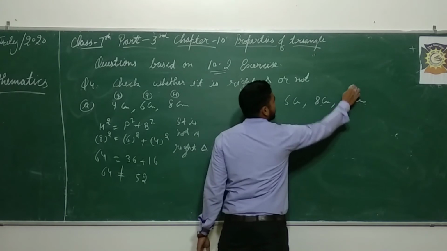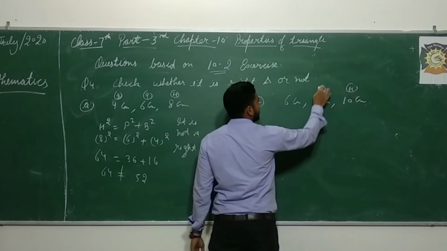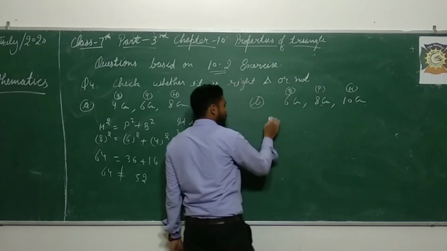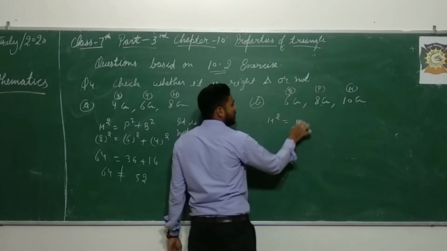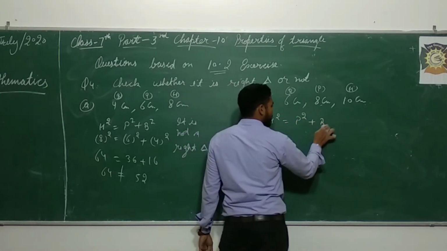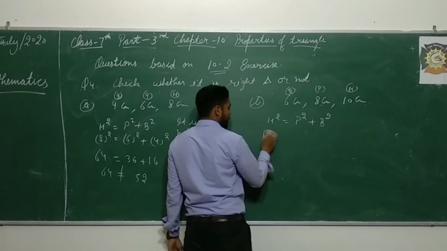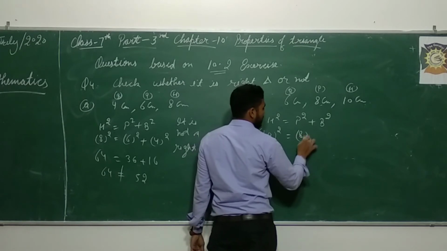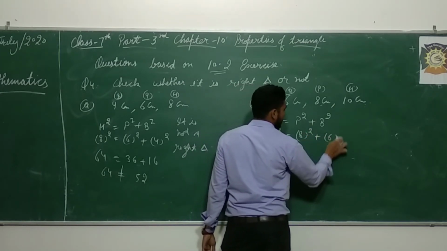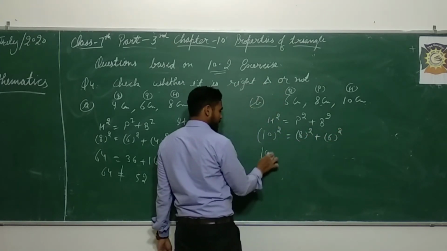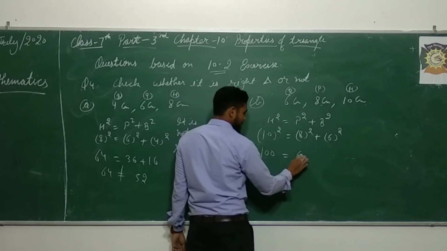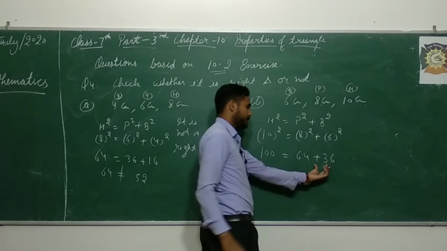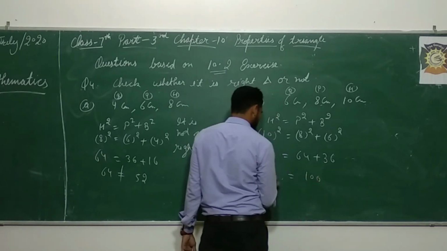Now check the second part. Here the greater side is 10. It means hypotenuse. Perpendicular is 8, base is 6. Now H square is equal to P square plus B square. That is 10 square. P is 8, so 8 square, and this is 6 square. 10 square is 100. 8 square is 64, 6 square is 36. Together that is equal to 100.